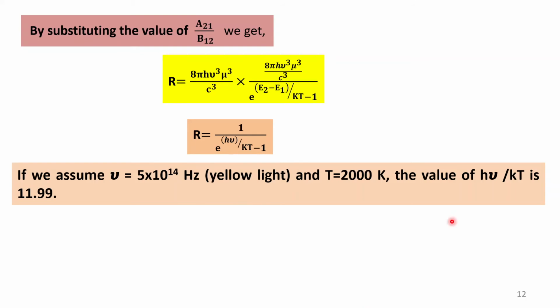If we substitute this value, then we get the ratio h nu by kT as 11.99, using the value of the Planck's constant and the Boltzmann constant k. Then R is equal to 1 divided by e raised to 11.99 minus 1, which is equal to 6 into 10 raised to minus 6.